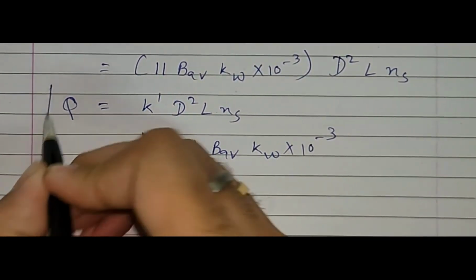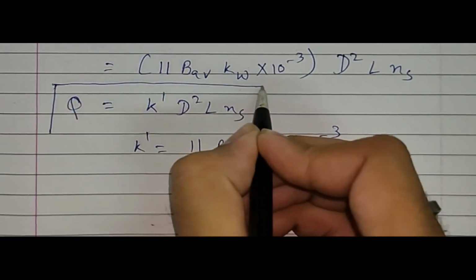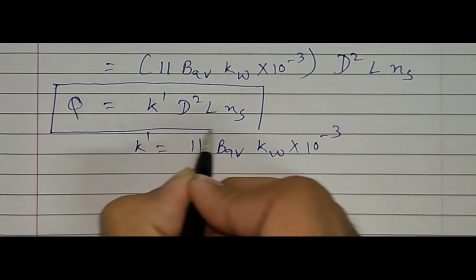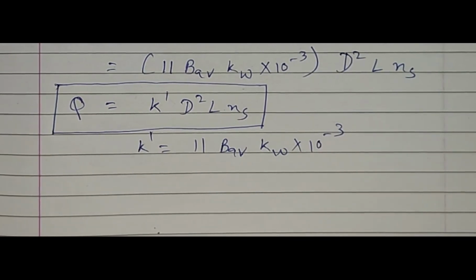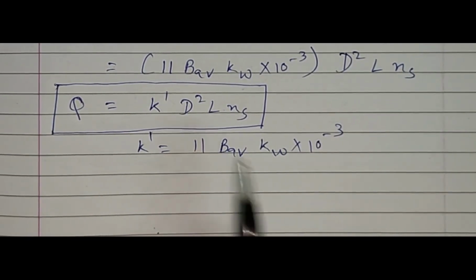So from this particular equation, we can clearly state that the volume of the machine, that is D square L, is reduced if designed for higher speed, thus decreasing the size and the cost of the machine.